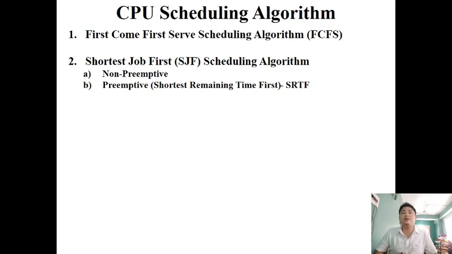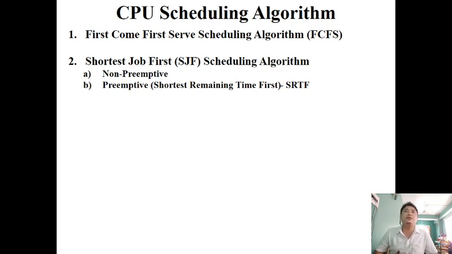That process, which will use the least amount of CPU time, will be given the first chance. That's why it is called shortest job first.